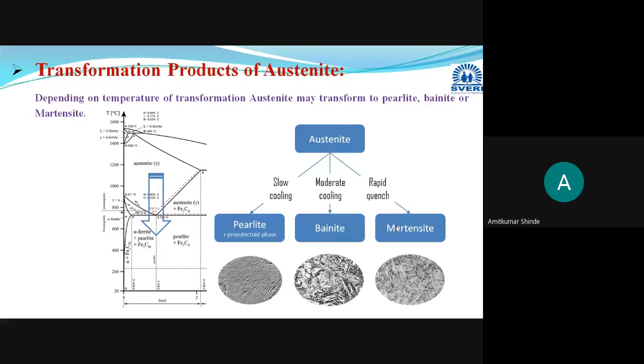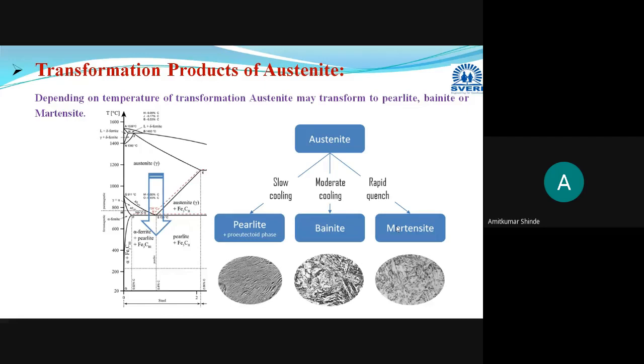Austenite is the interstitial solid solution of carbon in gamma iron, and it has a face centered cubic crystal structure. If you have any query, you can also put it in the chat box. Okay, fine, then I will move towards the next point.